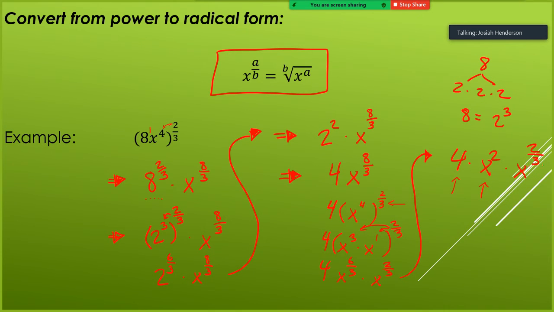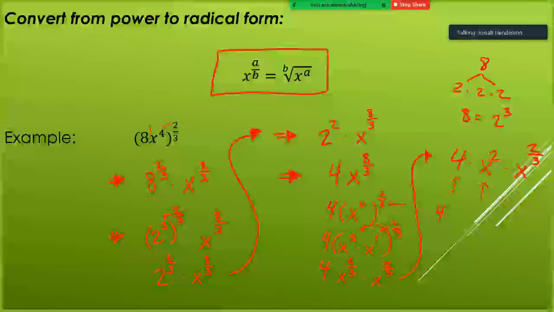And because our fraction exponent is now less than 1, right? 2/3 instead of 8/3 like it was earlier, we're done. So the answer to this is going to be 4 x to the 2nd, x to the 2/3, or I'm going to circle this.